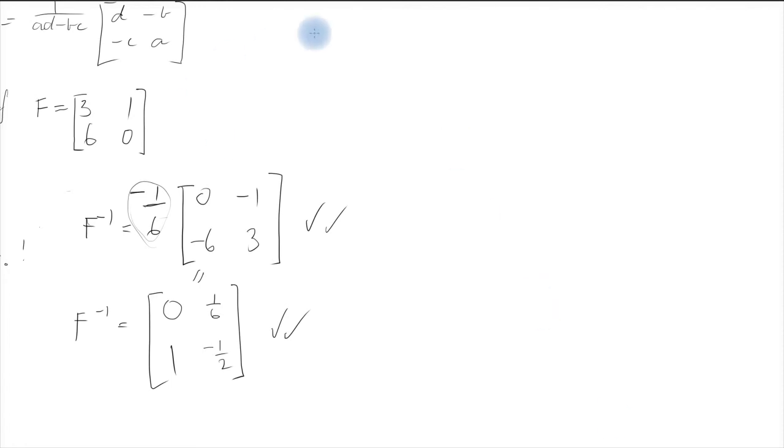If we had a question that was, let's say, F times matrix X equals B, where now F can be our matrix that we had before, but let's say that our X matrix is X, Y. So we don't know those things, and that means because F is a 2 by 2 and we're multiplying by a 2 by 1, we're going to get a 2 by 1 as a result.